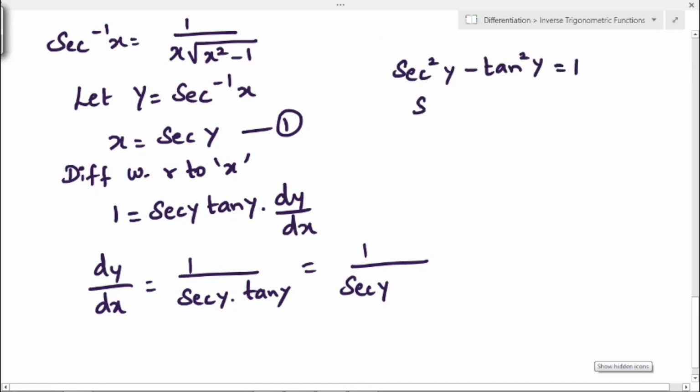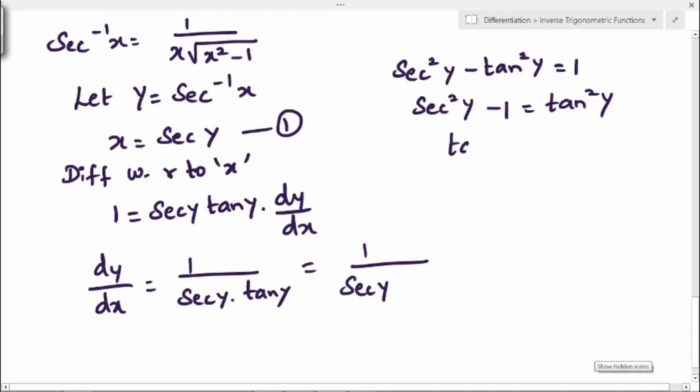Taking this 1 to the other side, it will become secant square y minus 1 equal to tan square y.